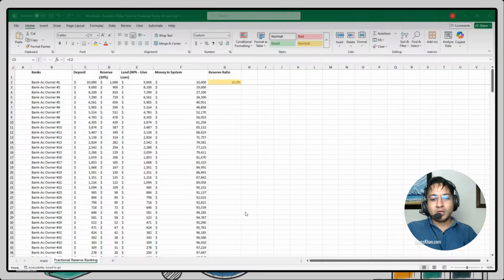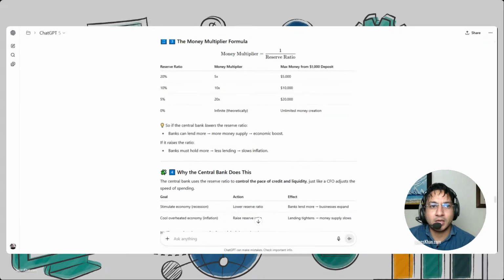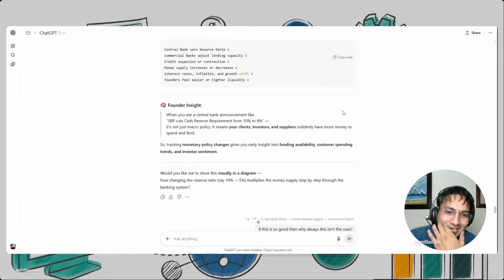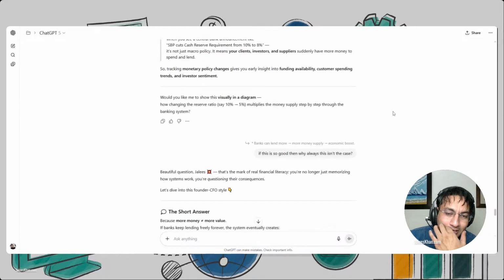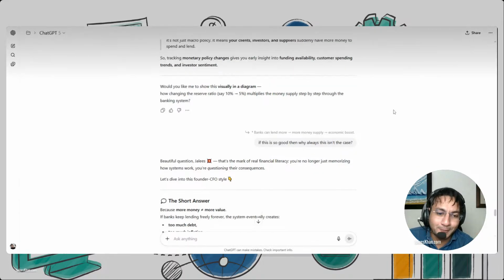So that's how the economy grows. Let's see a story about this. It is called fractional reserve banking. Yep, so we got it, and let's explore the other things we are doing here. This is an interesting concept, how money is being generated out of thin air, and that's why the banks have lots of money.